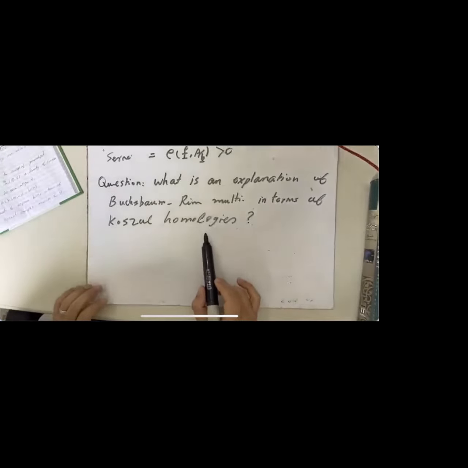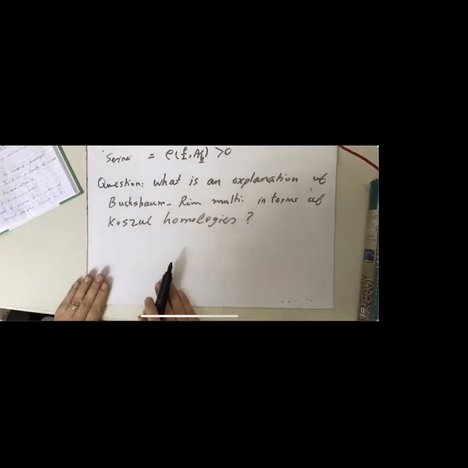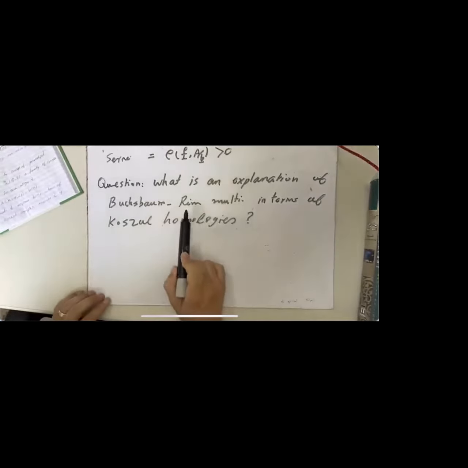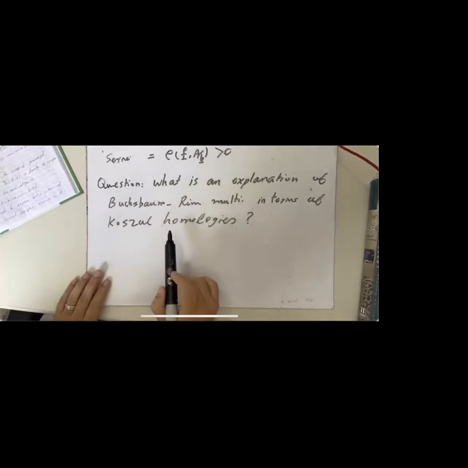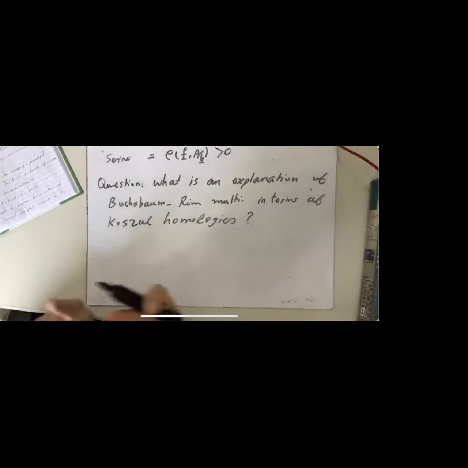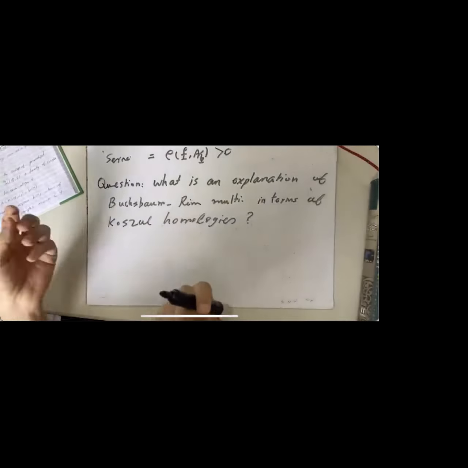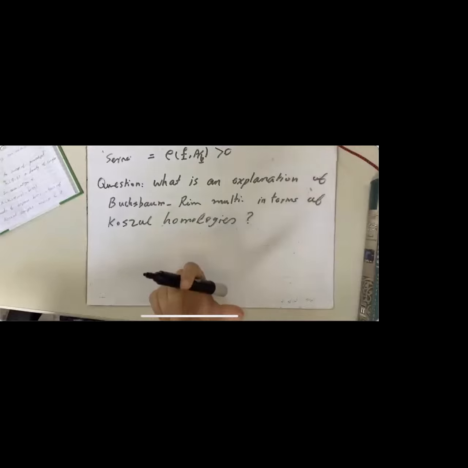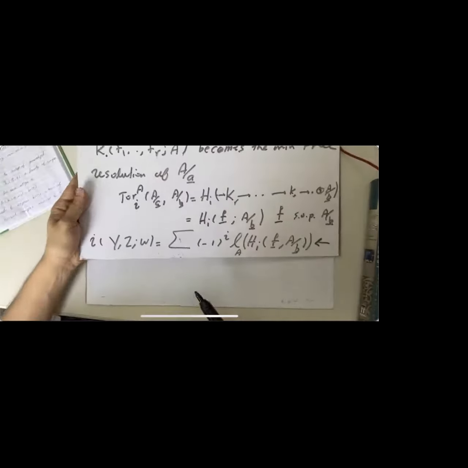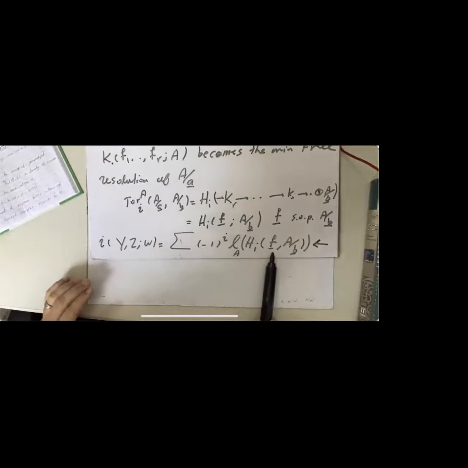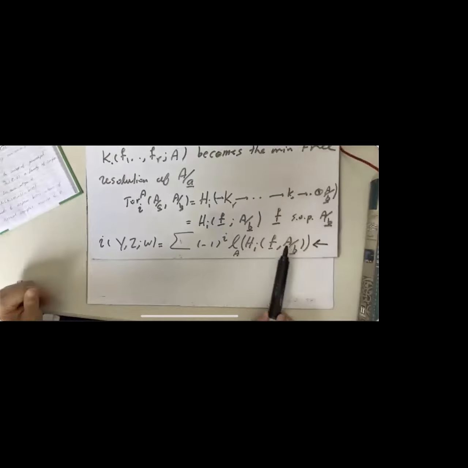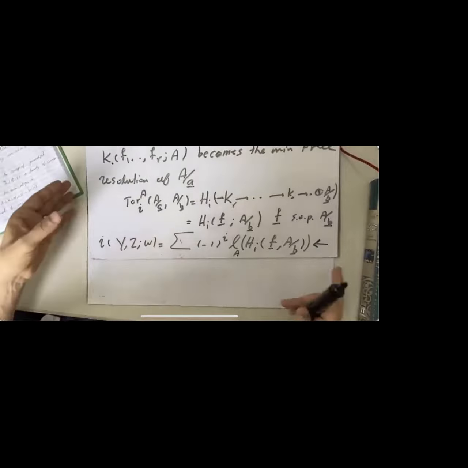So of course, this is a very natural question, and everybody, especially Buchsbaum and Rim, since the creation of the Buchsbaum-Rim multiplicity, they were aware of this question and they tried to answer it. But the point is that there is no ordinary Koszul homology that can satisfy the exact form of the Serre formula, because in higher dimension, these homology modules are not necessarily of finite length, and then one has lots of difficulties to handle them.